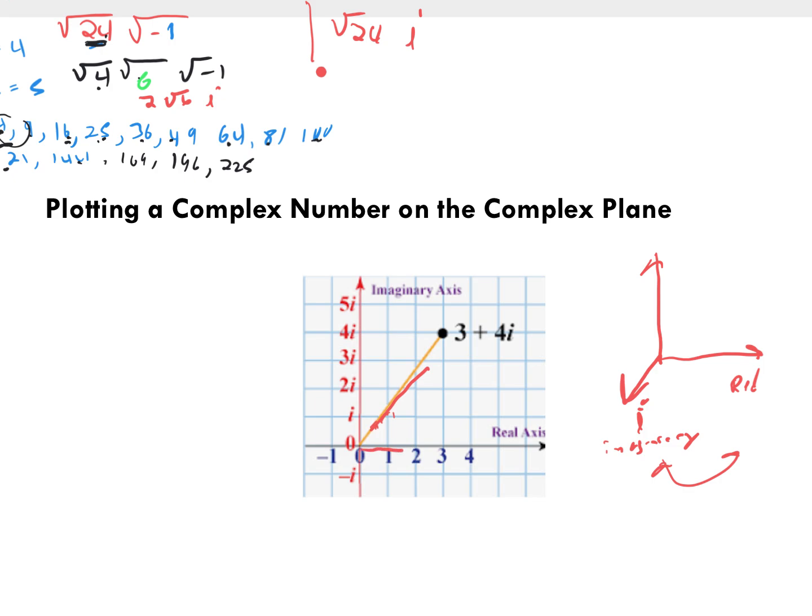The real part is on the floor, and the imaginary part's up here. But when you put both of those together, you end up with the 3, which is the real part right here, and the 4i, which is right here. So I'm trying to visualize it coming out at you, so that's why I turned it around just so you can see.